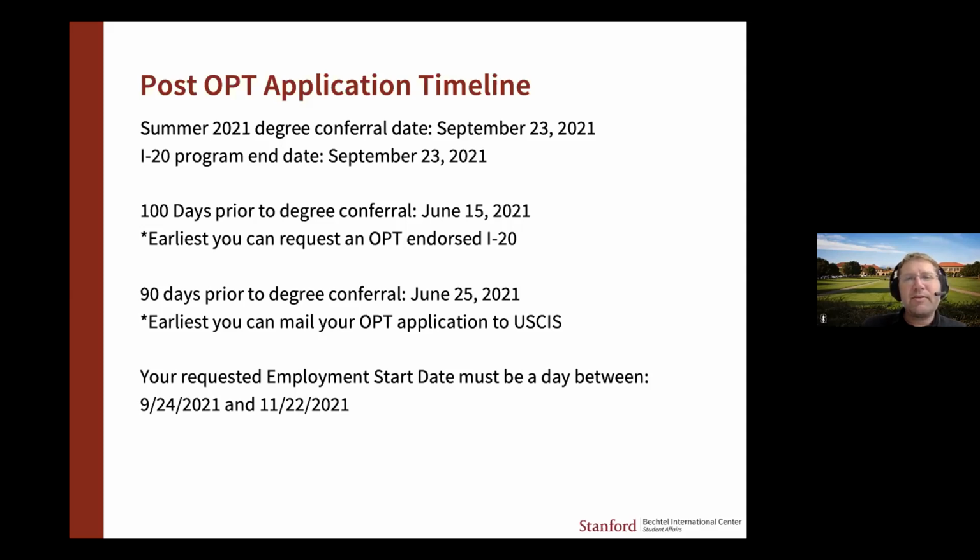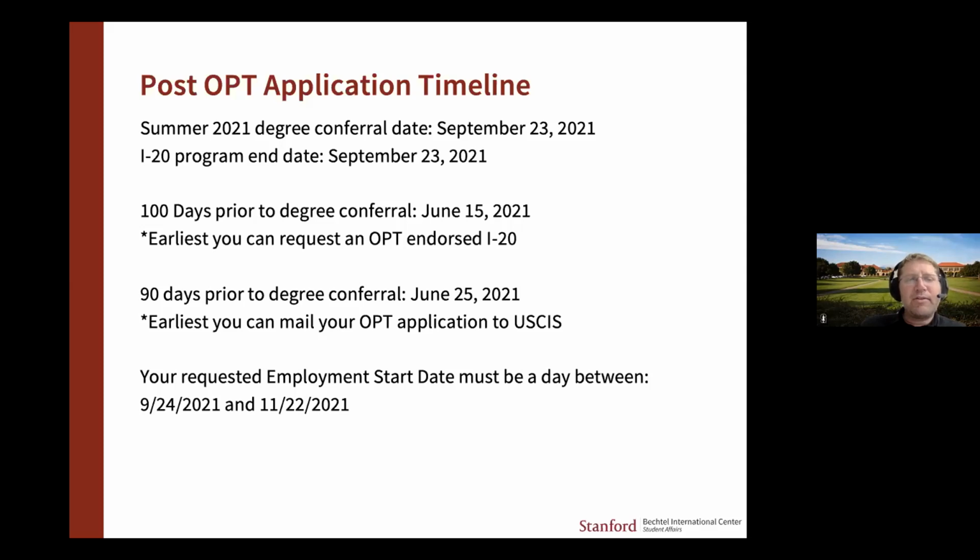The earliest that you can mail your application to USCIS will be June 25th. You cannot mail your application any sooner to USCIS than June 25th. That is 90 days before your degree conferral date. So those are the two benchmarks in terms of the OPT application timeline.